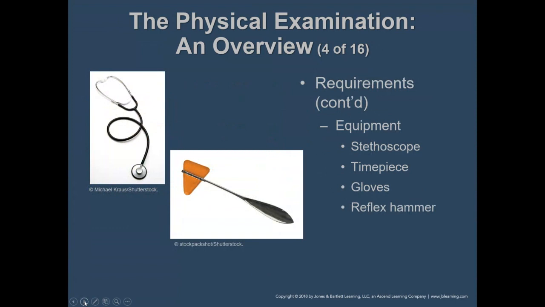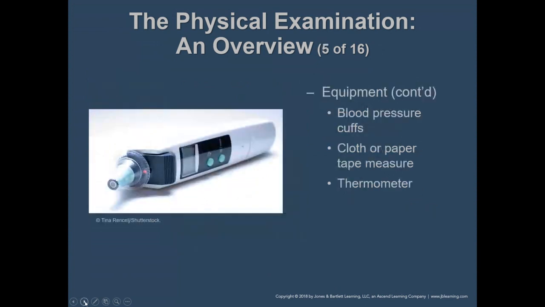So let's do that. Here's a couple of pieces of equipment, one you have and one you don't, typically on an ambulance. That reflex hammer, you can use the stethoscope in place of that reflex hammer and elicit the same DTRs, deep tendon reflexes. So it doesn't really matter. Everybody has a stethoscope these days.